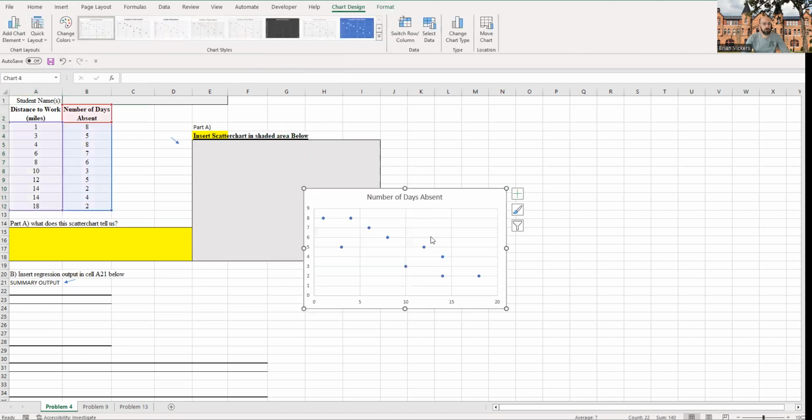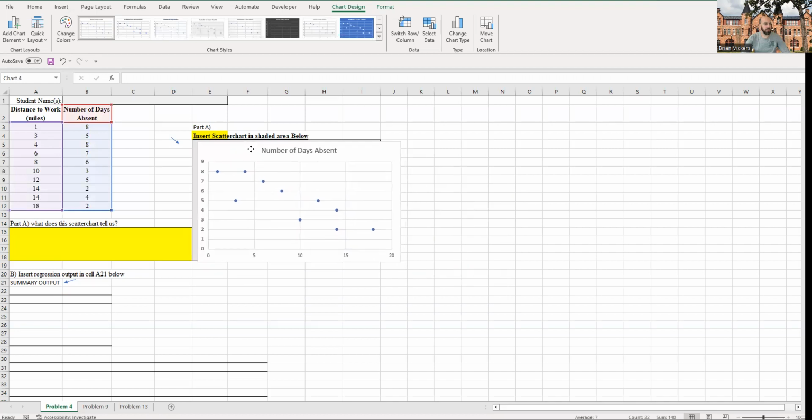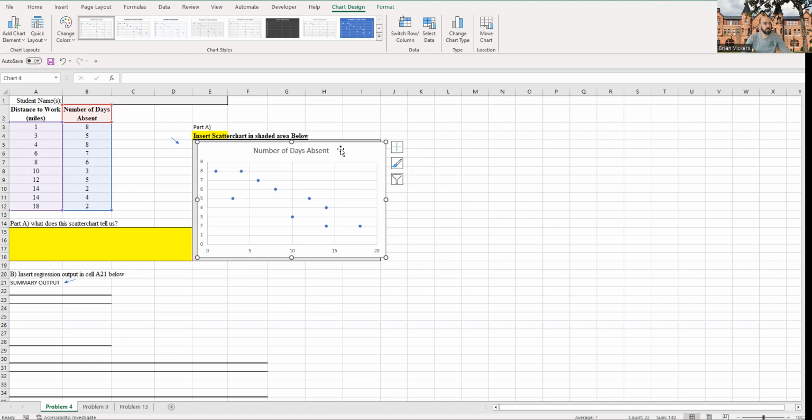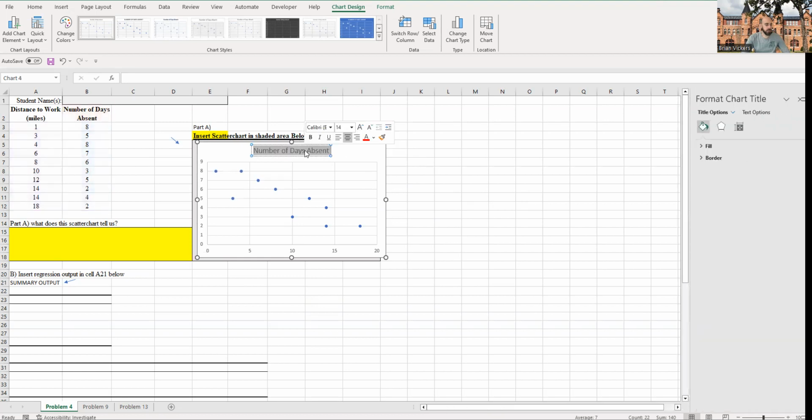It's going to try to find a title for it, but we're going to go ahead and retitle that to something that fits. So we're going to call it distance to work versus number of days absent.